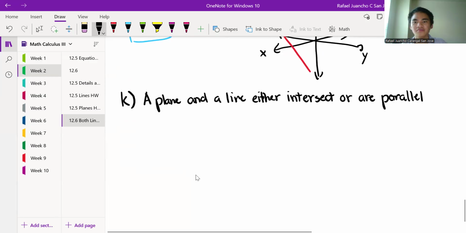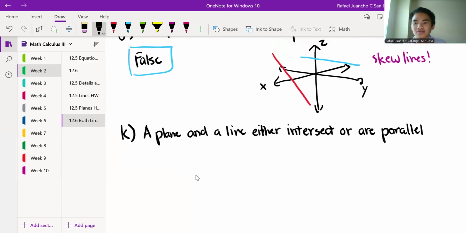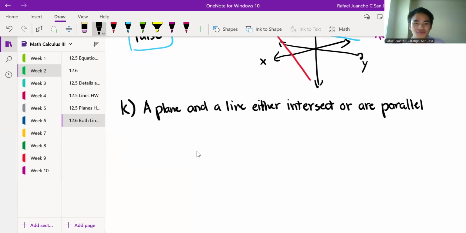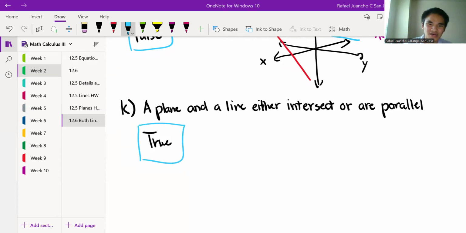I'm going to be honest, I can't think of one where this isn't true. So I'm going to say this is true for now, unless the video has an idea of one. Yeah, it's true.